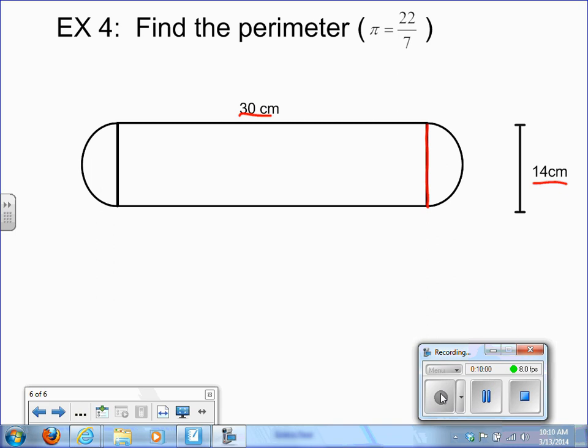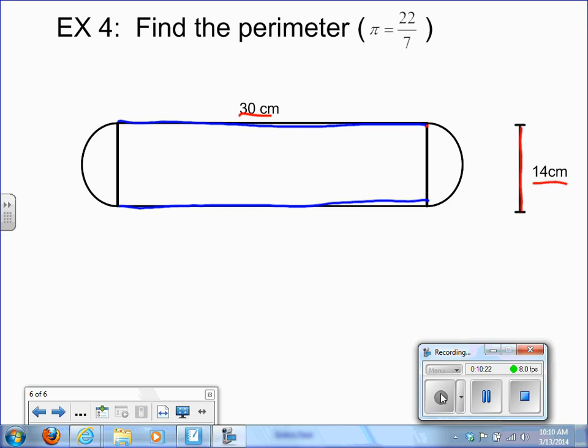All right, first let's discuss what do we have here. What do we have that we need to add up? Maya. Okay, so we have some straight sides here. I've got a straight side of 30 plus another straight side of 30. Good. What else do I need to add?